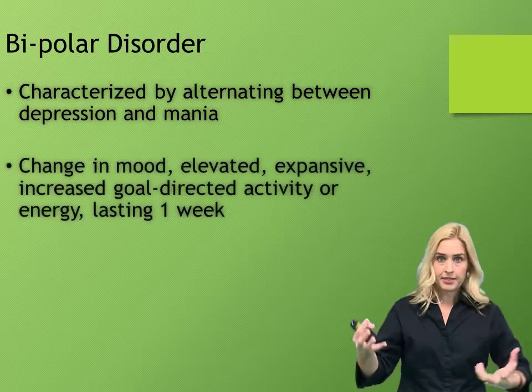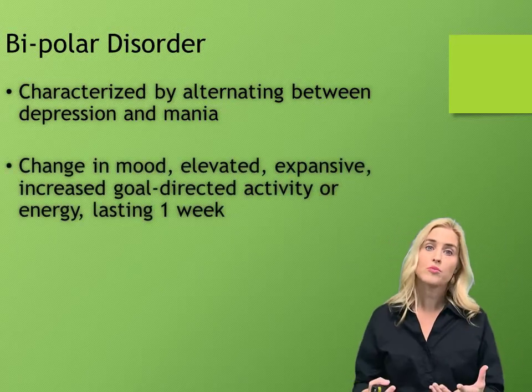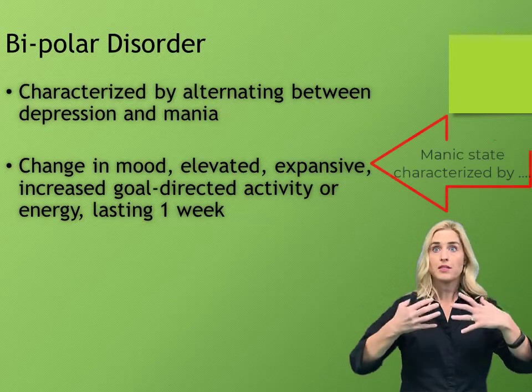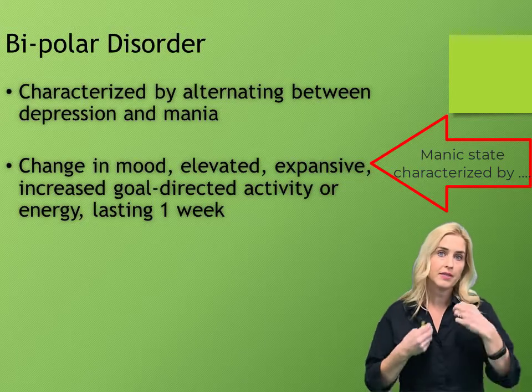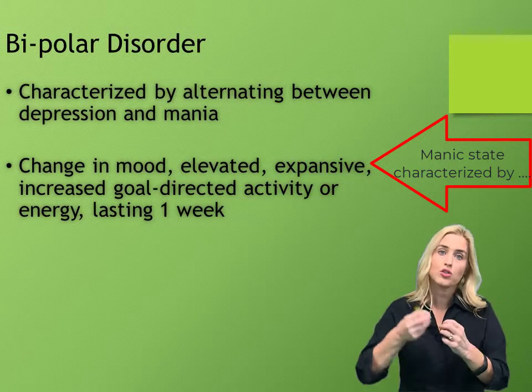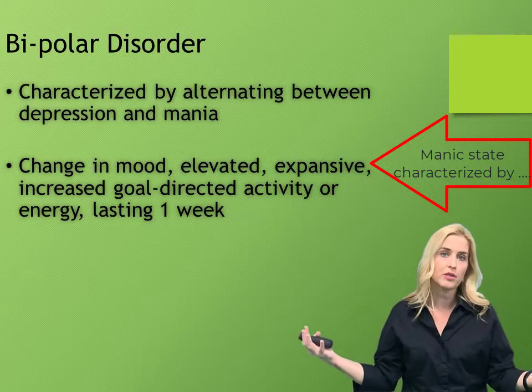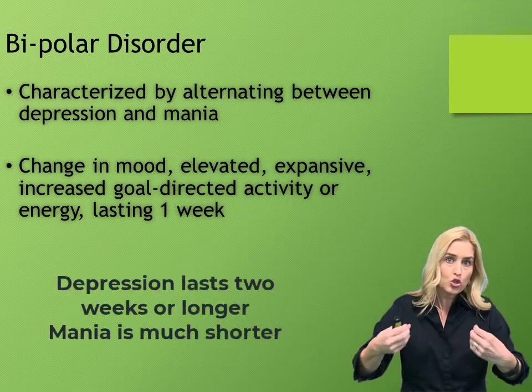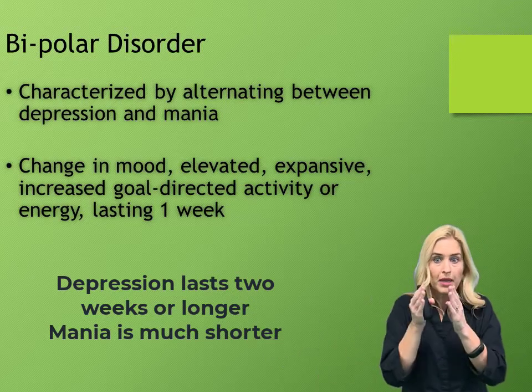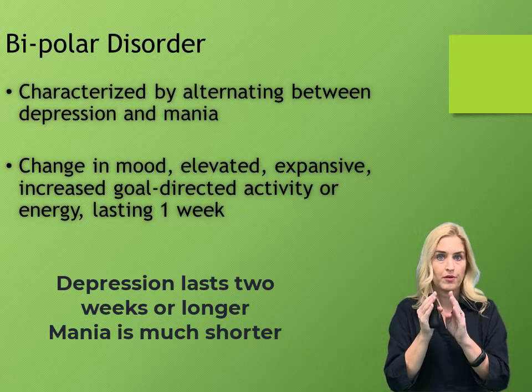So a manic state is characterized by a change in mood, elevated, expansive, increased goal-directed activity, lots of energy, and this typically lasts a few days to a week. It's not typically going to last a long period of time. With depression, we're looking at 2 weeks or longer. So with mania, it's going to be a much shorter period of time.